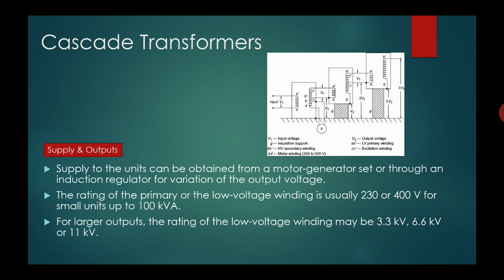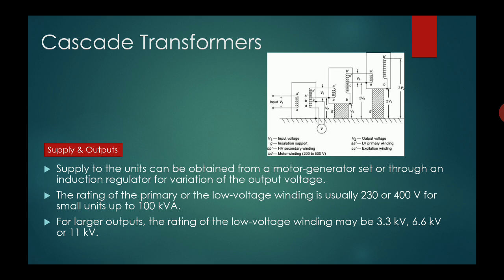Now we will talk about the supply and outputs of these cascade transformers. Supply to the units can be obtained from a motor generator set, or through an induction regulator for variation of the output voltage.